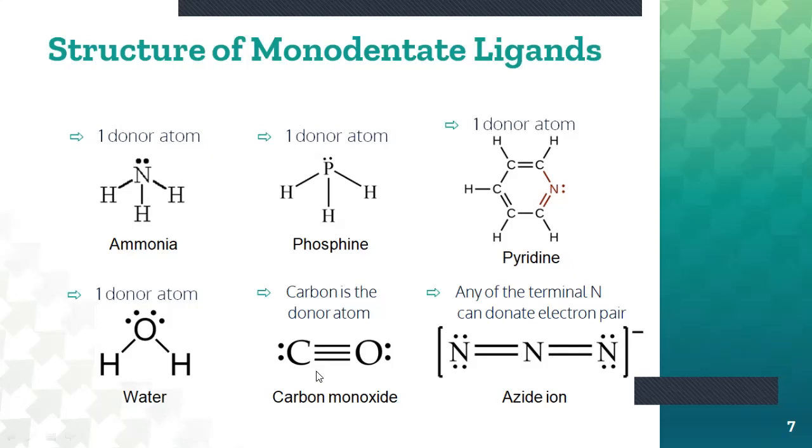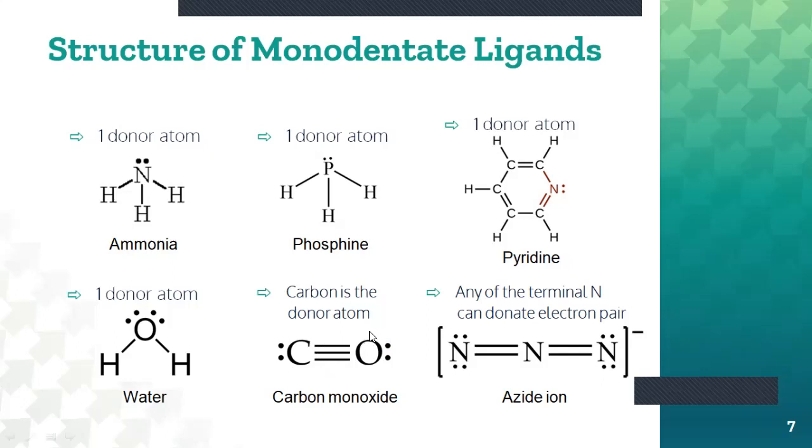In the next structure, carbon monoxide, we can see that the triple bond formed here itself includes a coordinate bond. As you know, oxygen has 6 electrons in total, two of which are busy in the formation of a bond with carbon, and four are free electrons.